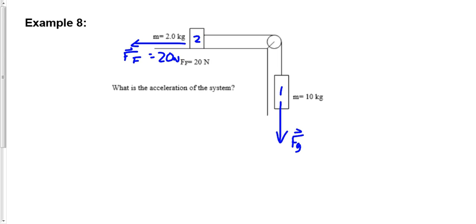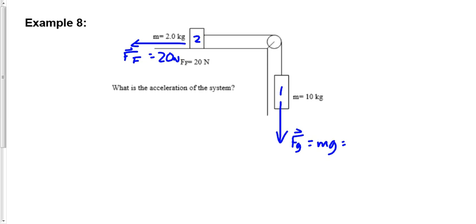What do you think the value of the force of gravity is here? M times G, right? What mass do I use? The 2, the 10, or would I use 12? Think back to your lab. 2, 10, or 12? Nick? 10.